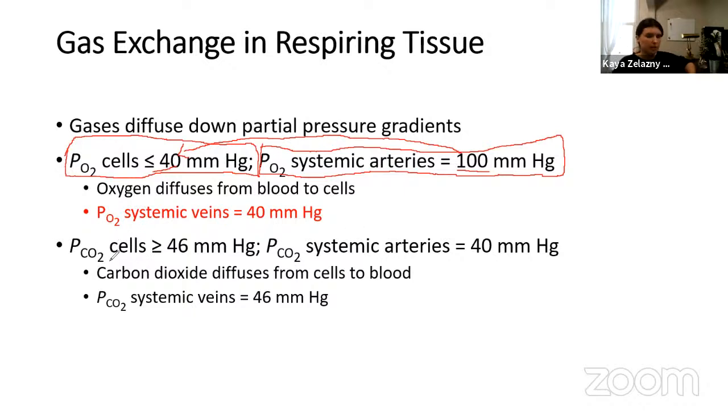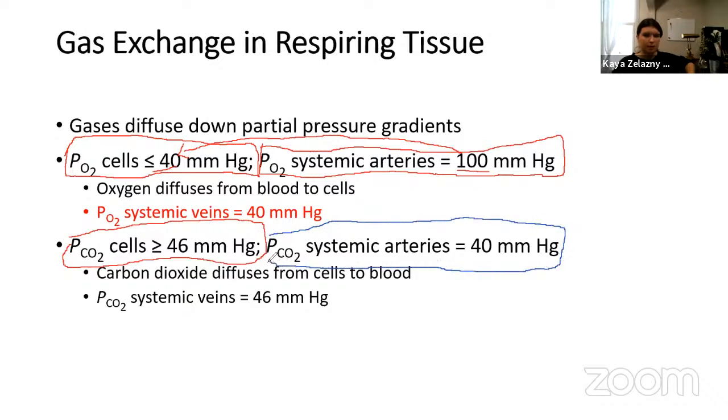The opposite thing is happening with our carbon dioxide. So our respiring cells, they're producing carbon dioxide, and they have a partial pressure of 46 or even higher, potentially, right? Whereas the systemic arteries are bringing carbon dioxide in at 40 millimeters of mercury as their partial pressure, right? Because that is the partial pressure of carbon dioxide in the alveoli.